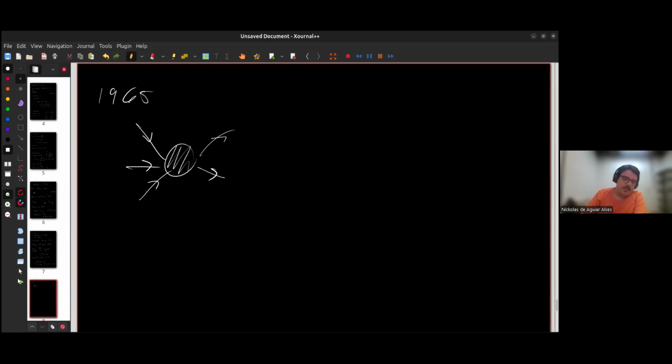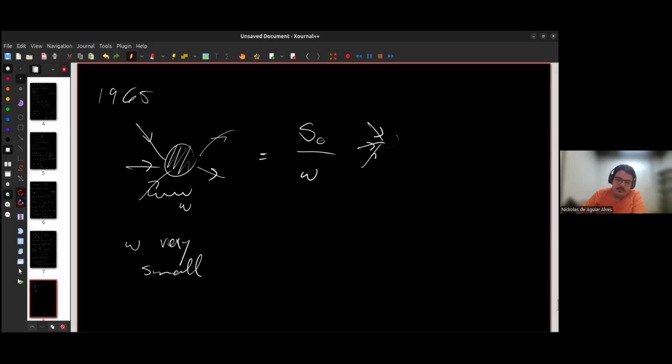And I want to consider what happens to this scattering amplitude when I add one graviton with an energy omega, and omega is very small. The result that Weinberg found was that you get some factor, I'm going to write it as O, over this energy omega, times your original scattering amplitude without the extra soft graviton, plus corrections.